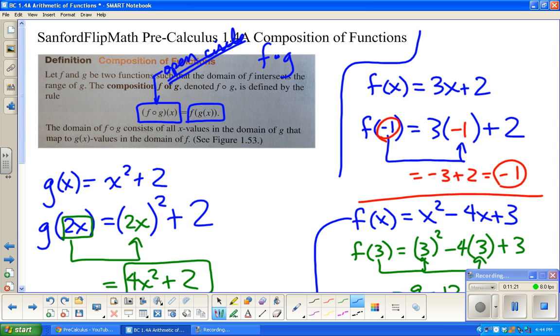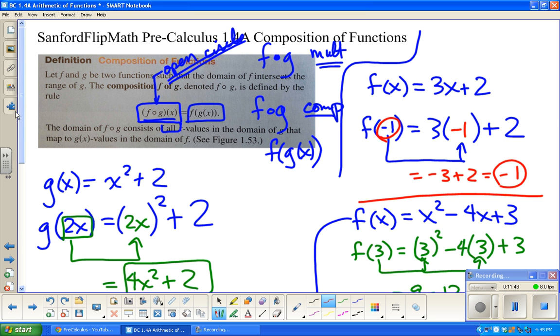This, with a closed circle, a filled-in circle, is multiplication. This, and I know people look at it and say "f o g," but that circle is really not as big as the g or the f. It's not as big as the letter O. This means composition. In other words, f of g of x. The one that's closer here to the x is the one that goes inside.